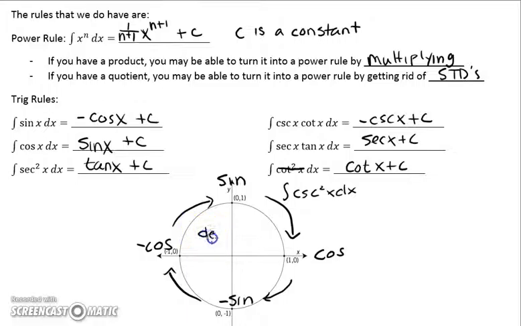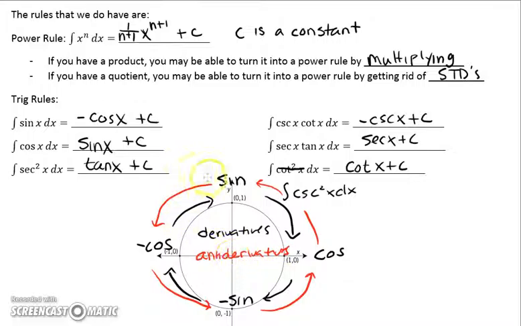It actually is going to work out that if you go counterclockwise around your circle, you're taking antiderivatives. So if you think sine starts here, its antiderivative is negative cosine, we have the rule right here. So clockwise is going to give you derivatives, counterclockwise is going to give you your antiderivatives.